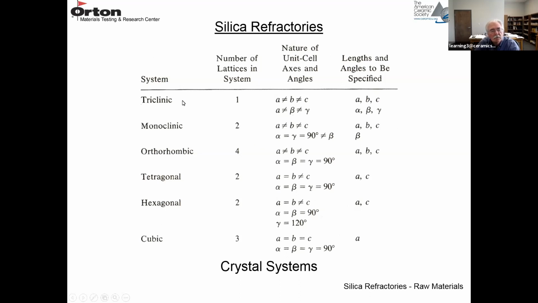And on the other extreme is triclinic. None of the three lengths are the same, and none of the three angles are the same. So you need to specify all three lengths and all three angles. So this table just summarizes the different crystal structures, the length of each side in a unit cell on that crystal, and the bond angles.